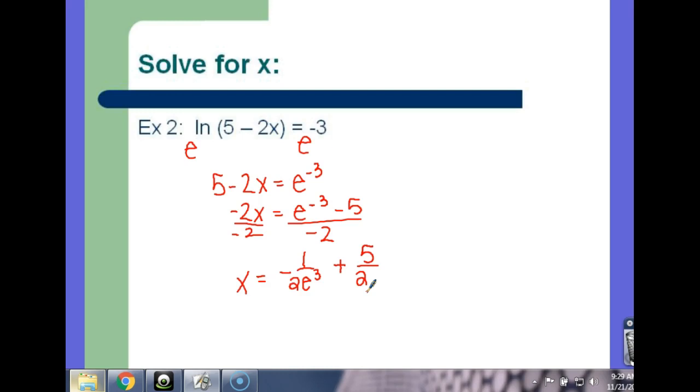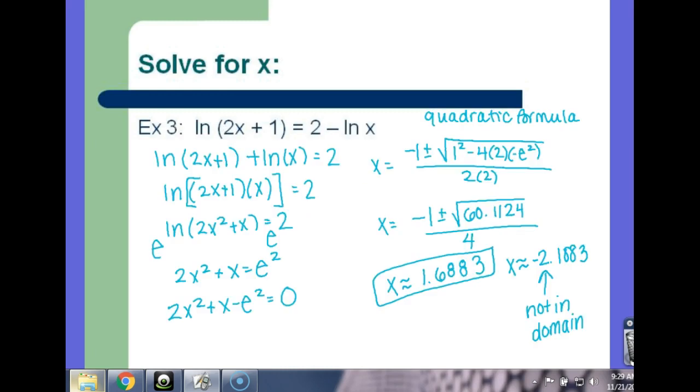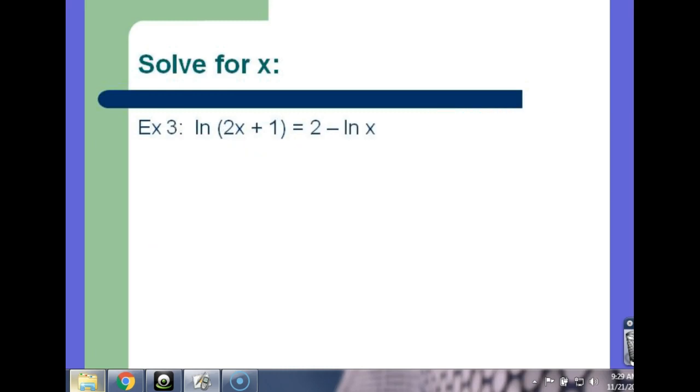Okay, example 3 is a little trickier. You cannot e both sides because I have ln's on both sides. Can you bring an ln over the other side and then do multiplication? That's exactly what we have to do. You have to add the ln to this side, so that you get ln of 2x plus 1 plus the ln of x equaling 2.